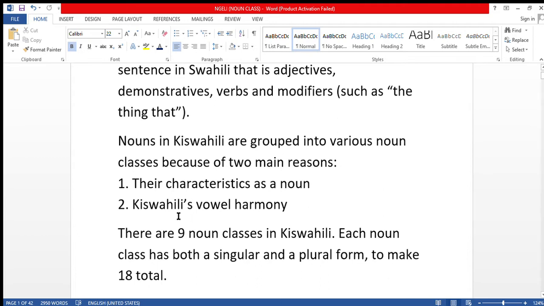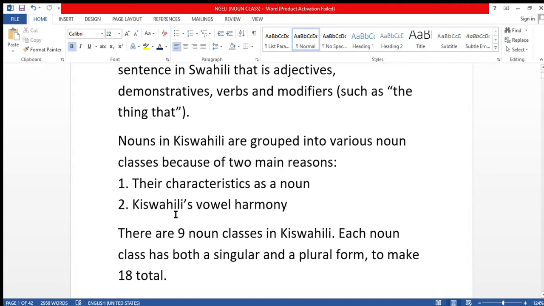Mtoto takes anakula. Then the other one is watoto wanakula. Children are eating. Watoto, children, wanakula, are eating.